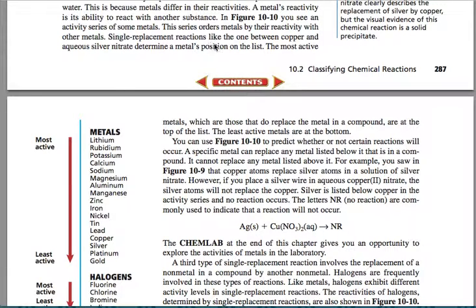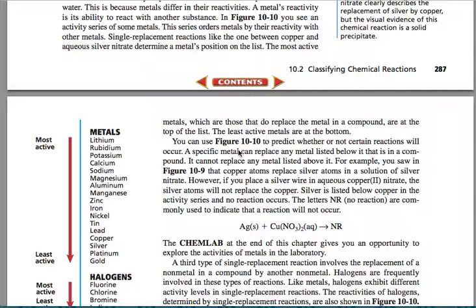Single replacement reactions like the one between copper and aqueous silver nitrate determine a metal's position on the list. Here's the list. The most active metals, those that do not get replaced in the compound, are at the top of the list. The least reactive metals are at the bottom.